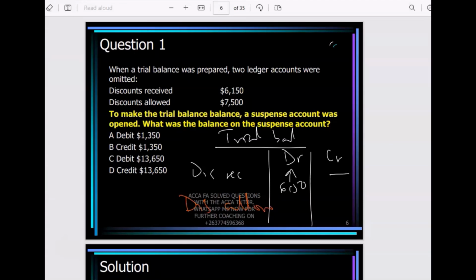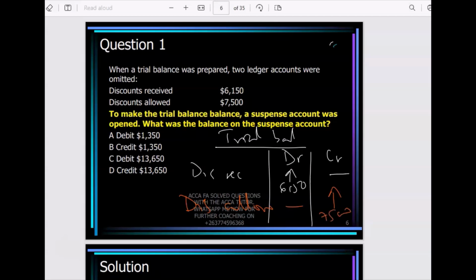Now the discount allowed is an expense, so it was supposed to have been input in the debit column. However, it was not. The accountant omitted that, so automatically the credit side was overstated by how much?